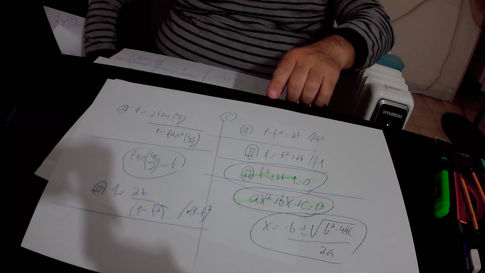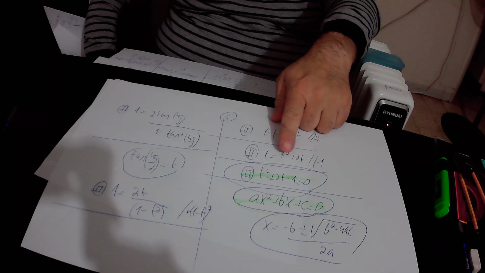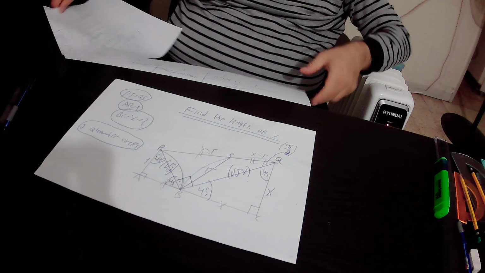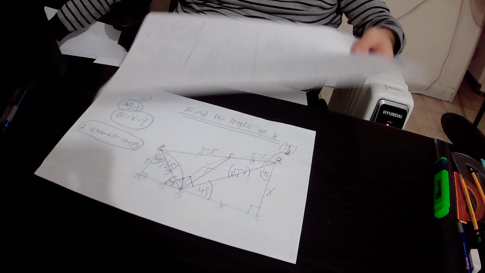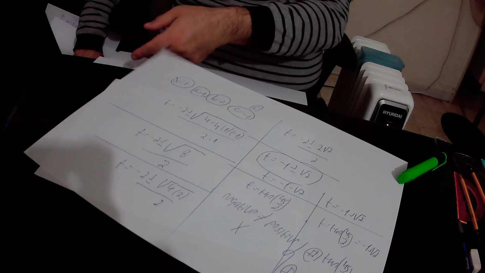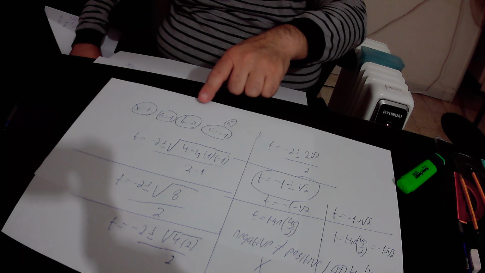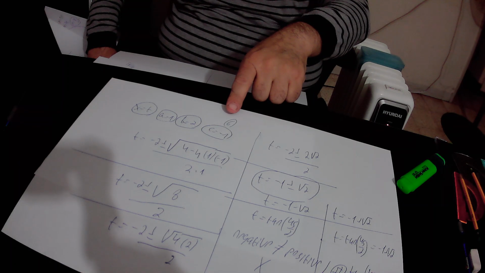In our specific quadratic equation, t squared plus 2t minus 1 equals 0, the variable that we are looking for is t, so x equals t, the coefficient a equals 1, the coefficient b equals 2, and the coefficient c equals minus 1.